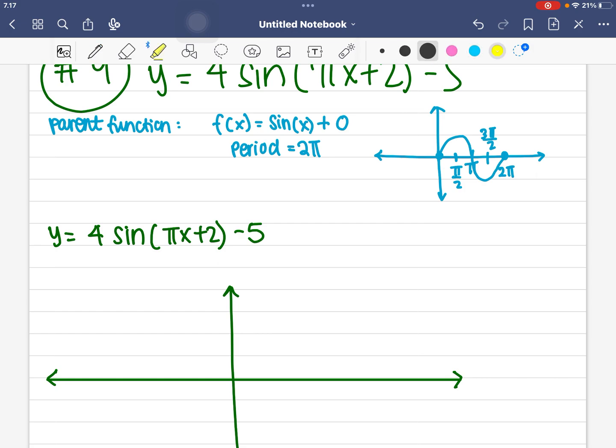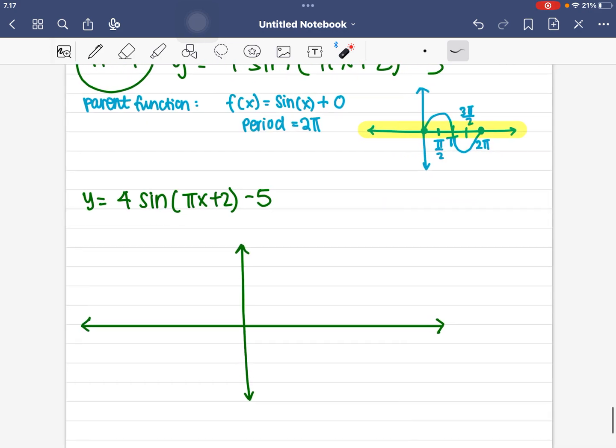That 0, or that y-intercept, this line here is your midline. Do you see how in that midline we have 3 intersections there? So if we move 5 units down, what do you think would happen?